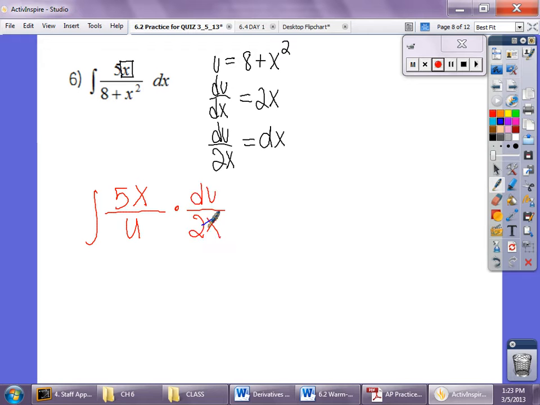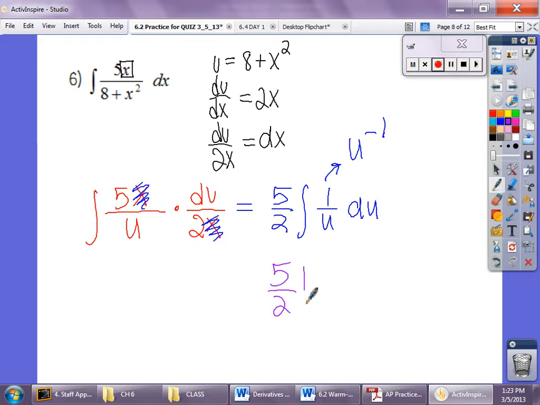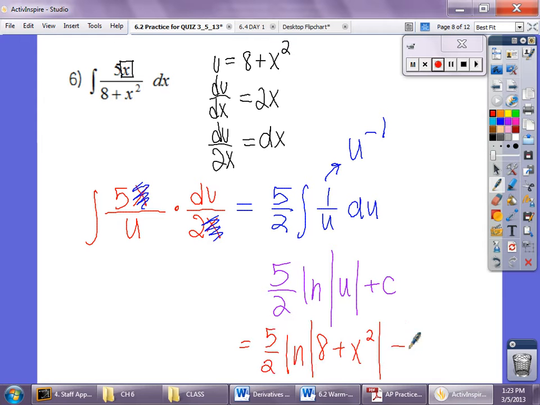So we know we did it right because our x's will cancel. I'm going to rewrite this as 5/2 integral of 1 over u du. This is the same thing as u to the negative 1 power, so that tells me that this is the ln of u plus c. Substitute my u back in, and I get 5/2 ln of 8 plus x squared plus c.